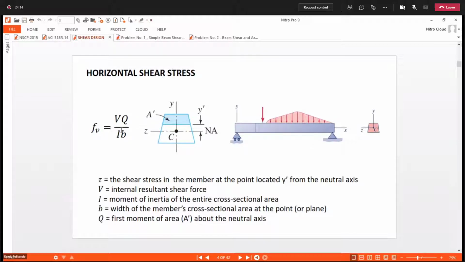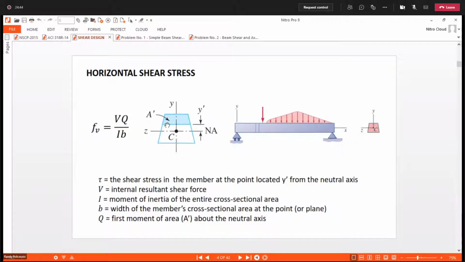Now it will be divided by I. Our I is the moment of inertia of the entire cross-sectional area, with respect to the neutral axis. And then B is the width of the member cross-sectional area at that point.